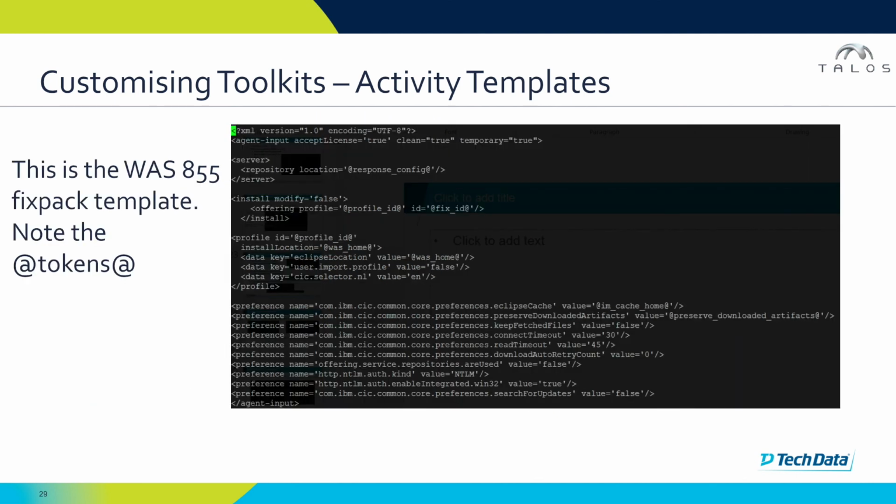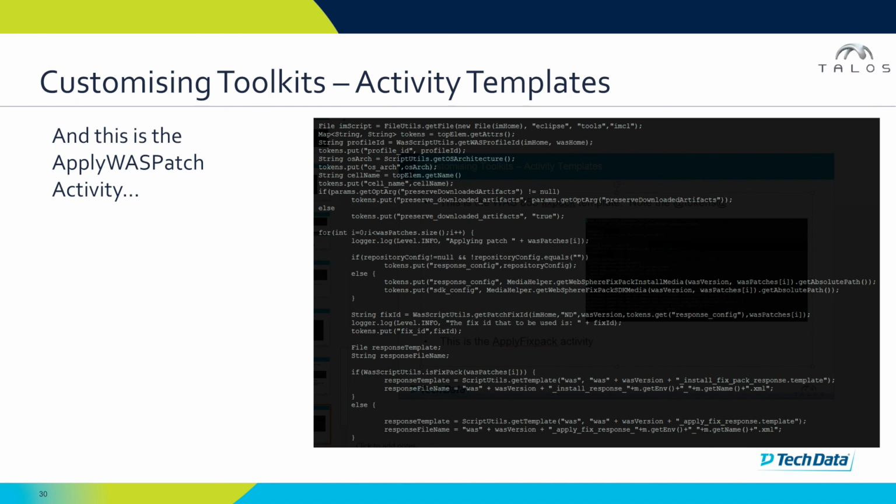So this is an example of a template. This is the WebSphere Application Server 855 Fixpack template. So notice the tokens here. These tokens will be replaced during the process of installing. And the token replacement here is happening with the tokens.put commands.